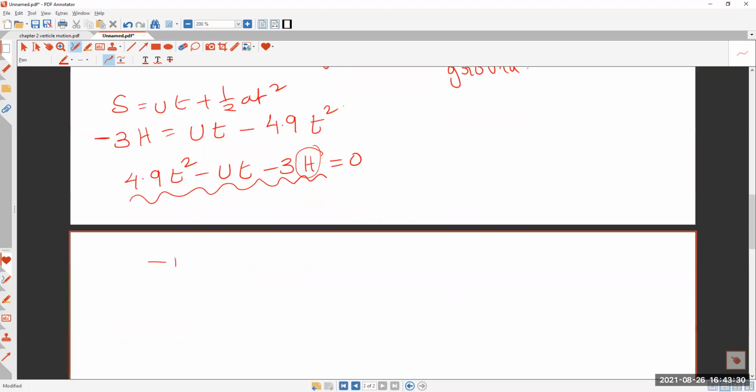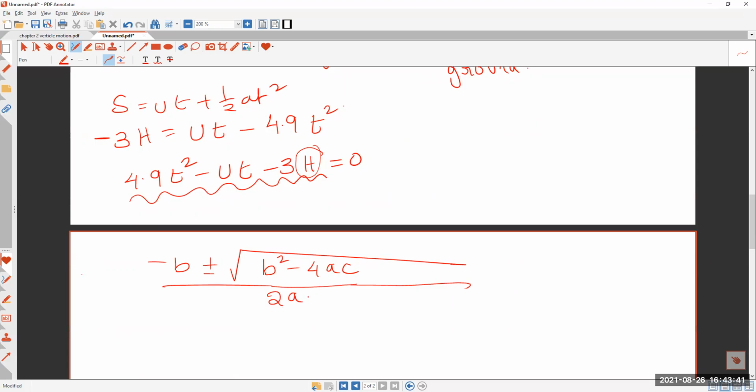Can I use minus b plus minus root of b square minus 4ac divided by 2a? You know that t is time, because here I have put t in place of x. You can imagine them as x if you want.